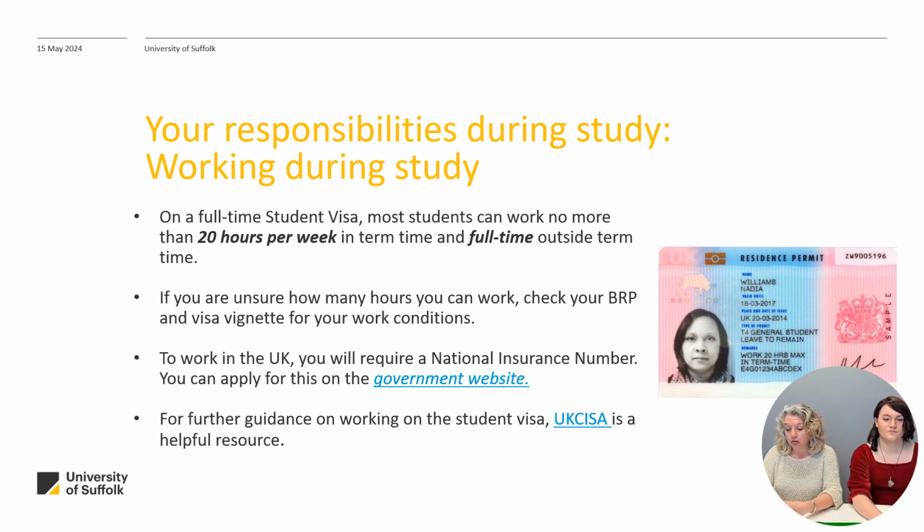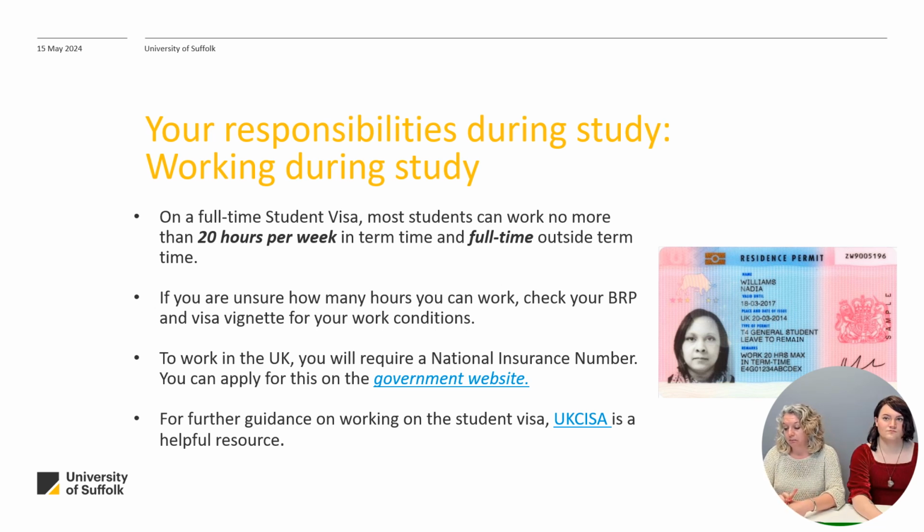And if you're unsure about how many hours you're entitled to work, this is printed on your BRP and also on your vignette in your passport under your work conditions. Please be aware that to work in the UK, you'll be required to have a national insurance number.